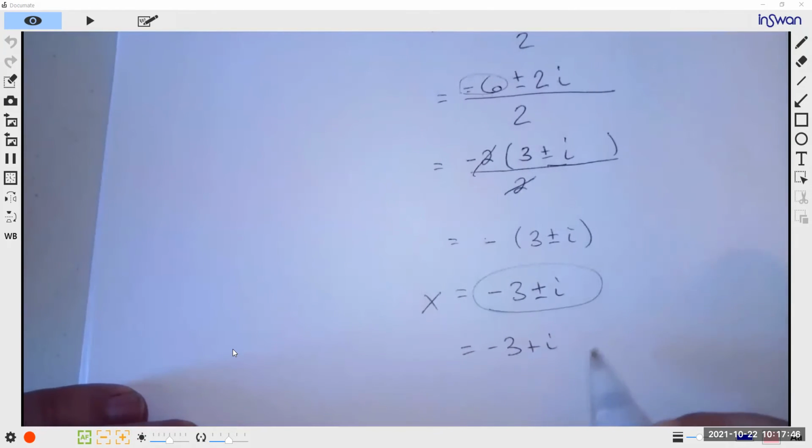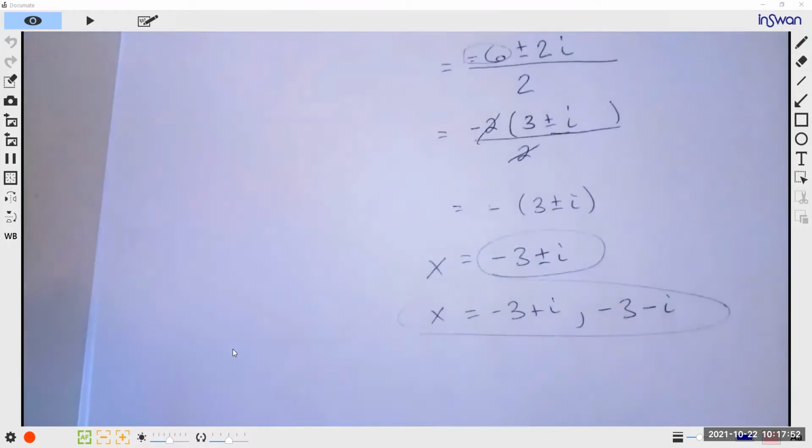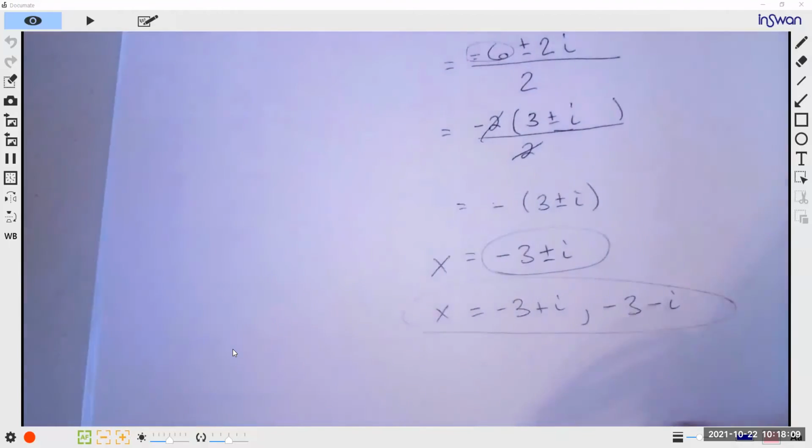Negative 3 plus i, negative 3 minus i. There's your answer. See, it works no matter what. Now it's the last one with that 15. Where's that? There it is.